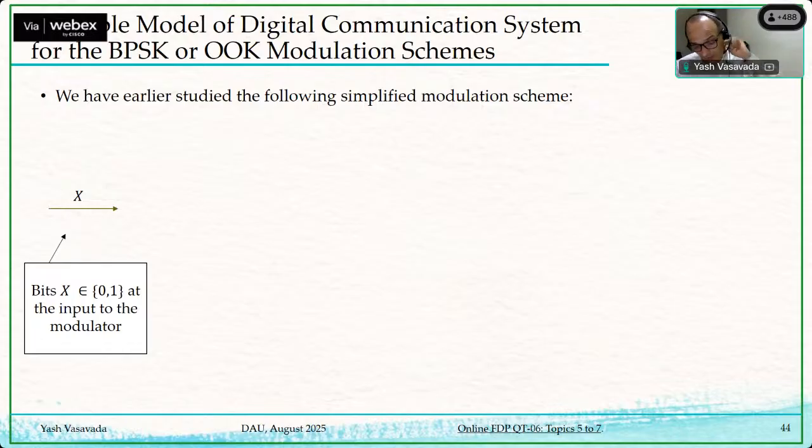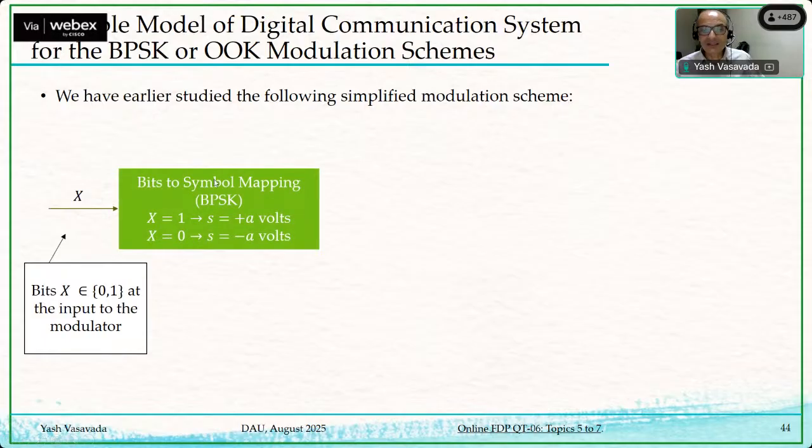The output of channel encoding is still in terms of bits. Those bits come to this BPSK modulator. So the input is zeros and ones. And all that the BPSK modulator does is it takes 1 and maps it to plus A volt, and 0 maps to minus A. That is all that it does.